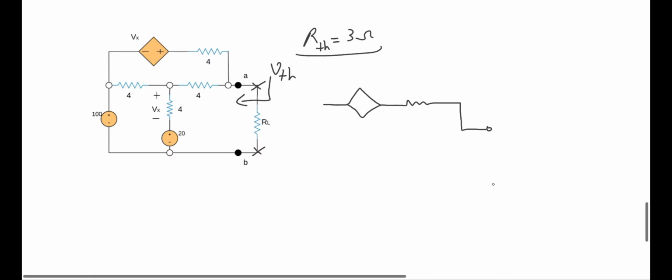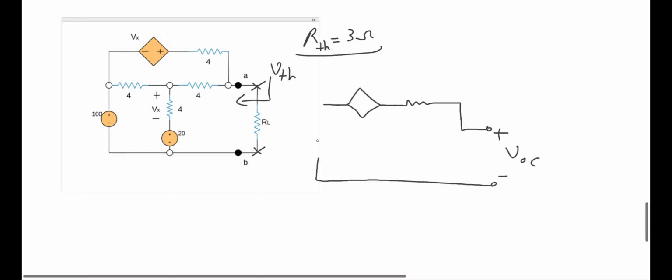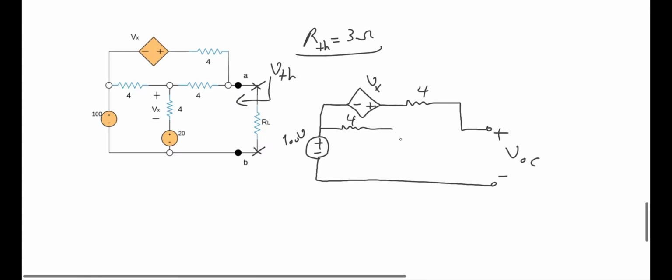So over here I will have the open circuit voltage goes all the way here. I have 100 volts. It's 4 ohms here, 4 ohms here. That's the Vx.